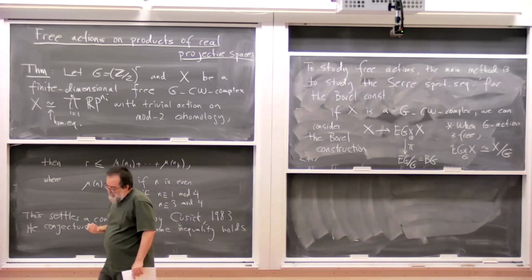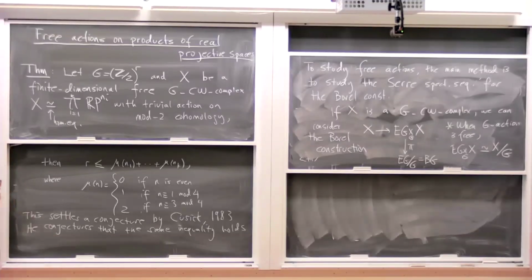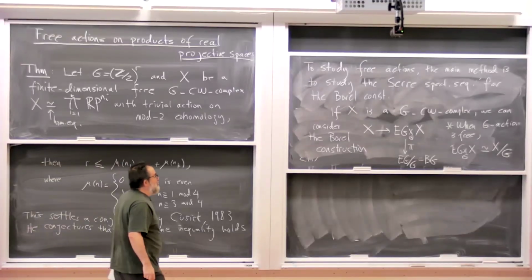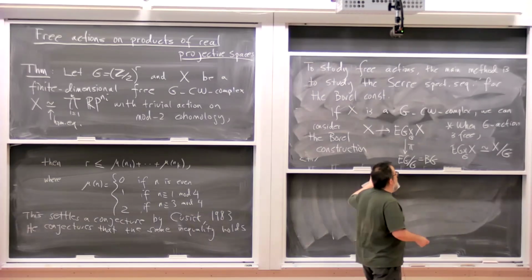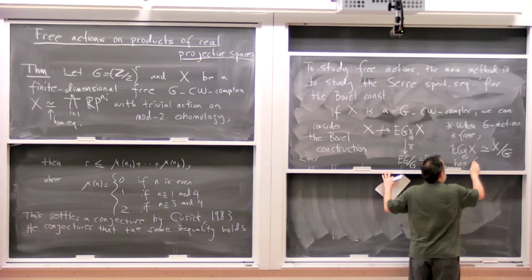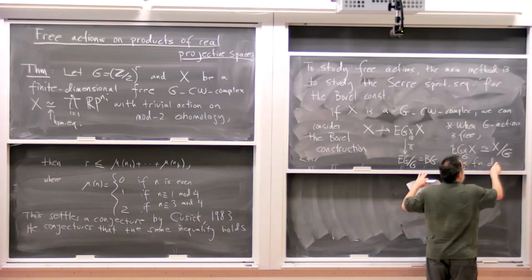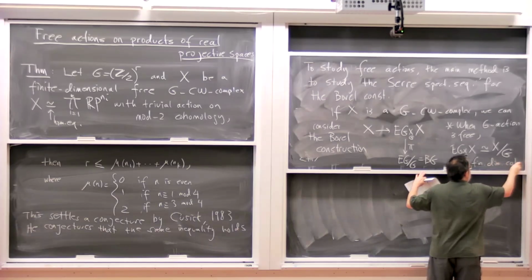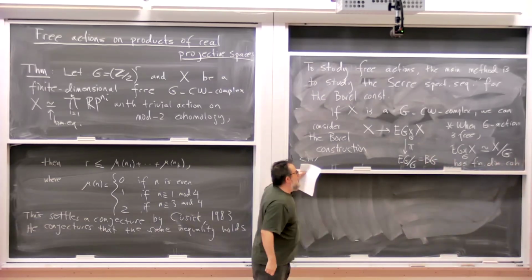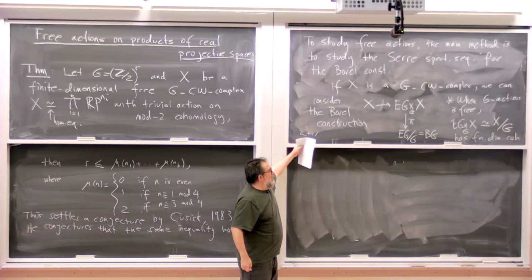Because of this, and because we assume that X is finite dimensional, the total space has finite dimensional cohomology. So this is the key obstruction for constructing free group actions.